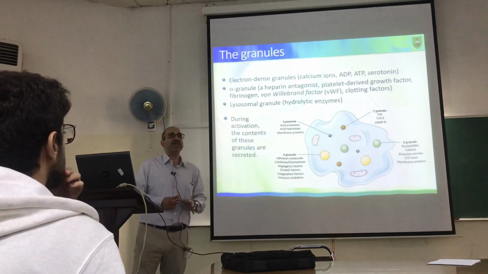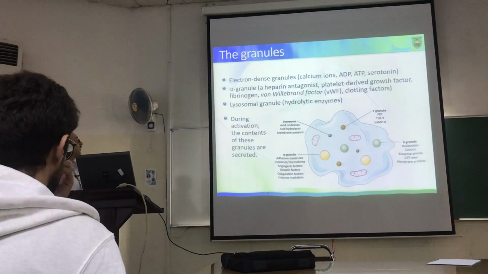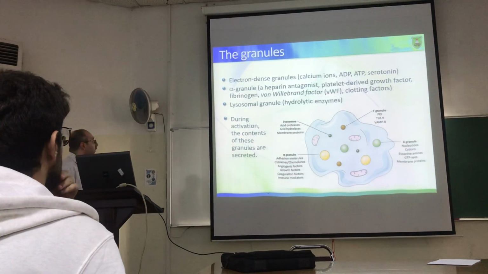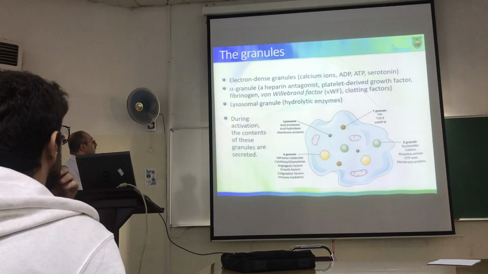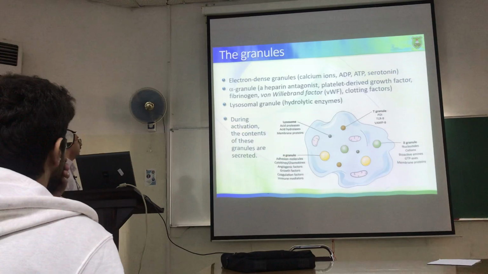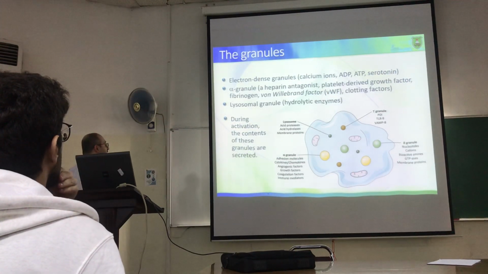And we have the alpha granules. Alpha granules contain heparin antagonist, a growth factor known as platelet-derived growth factor. We have fibrinogen, von Willebrand factor, clotting factors that we'll talk about now, and we have the lysosomal granules or lysosomes that contain hydrolytic enzymes.